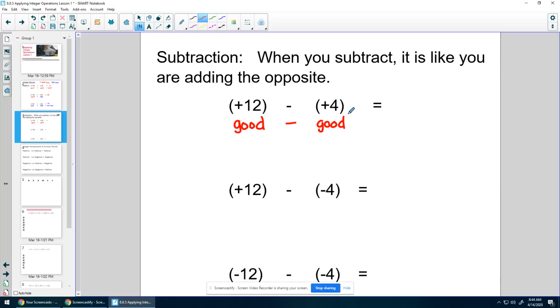So if we're saying we're adding the opposite, that's like saying good plus bad, which would just be like saying negative 4.